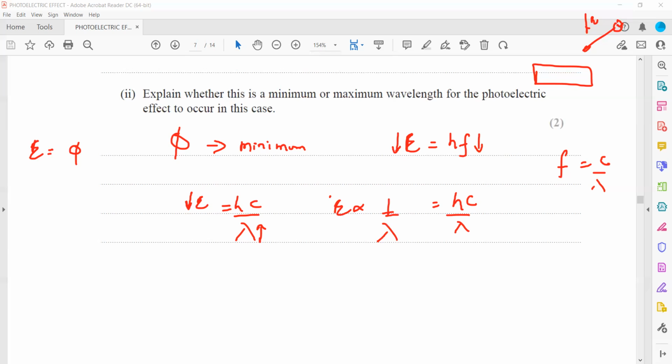So if energy is the minimum, the wavelength is the maximum. This is the maximum wavelength needed to remove the electron. Is this part clear, that a maximum wavelength is needed to remove the electron from the metal surface?